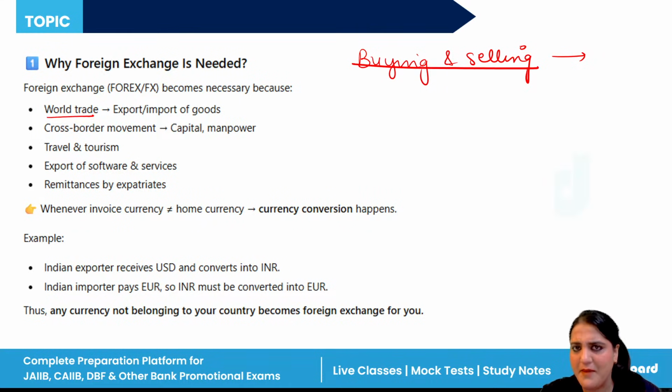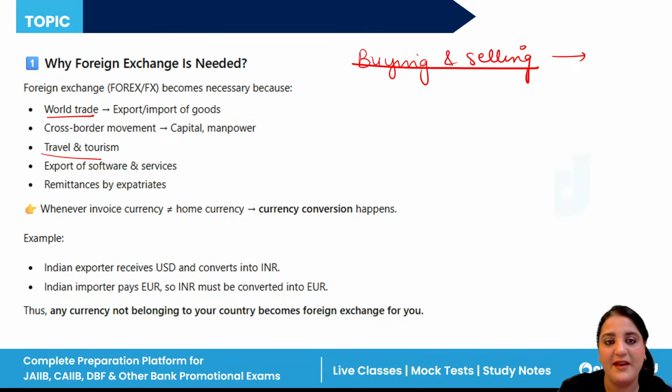You can just think that forex is there to make business easy at the international level, and it also includes cross border movement of capital and manpower.